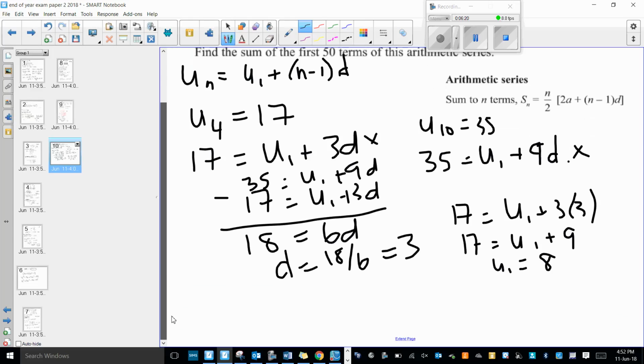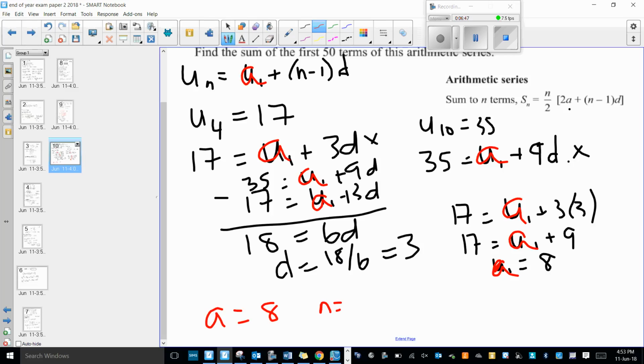When I say U1, they're called A, so all of these places I want to change to be an A. Right, so A is 8. N for this question is 50 because it's 50 terms.